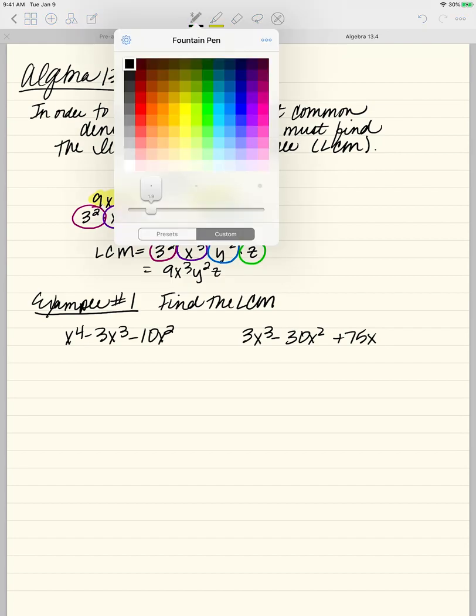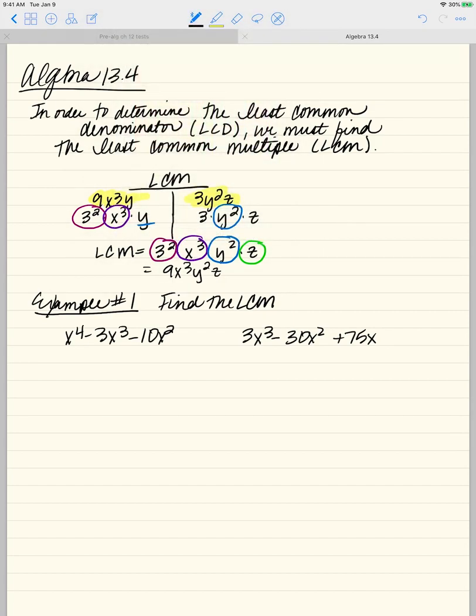All right. Now, example number 1: find the least common multiple between these two expressions, x to the 4th minus 3x cubed minus 10x squared, and 3x cubed minus 30x squared plus 75x. First step here is we have to factor each of these polynomials. The one on the left, I'm going to factor out x squared.